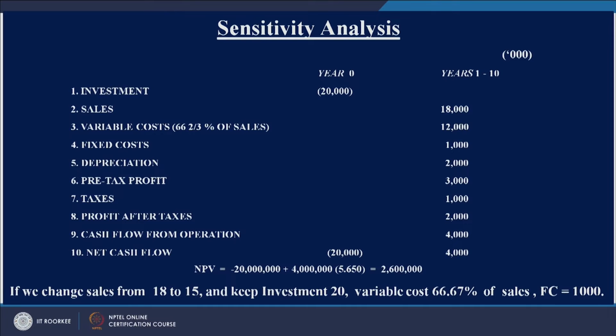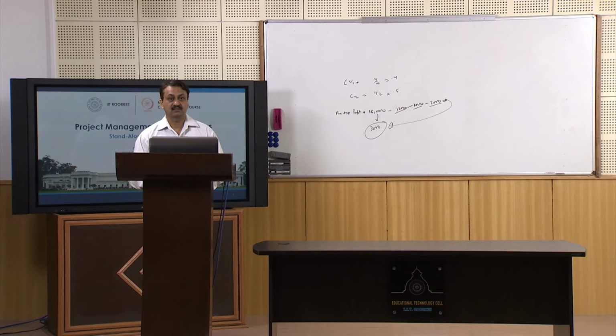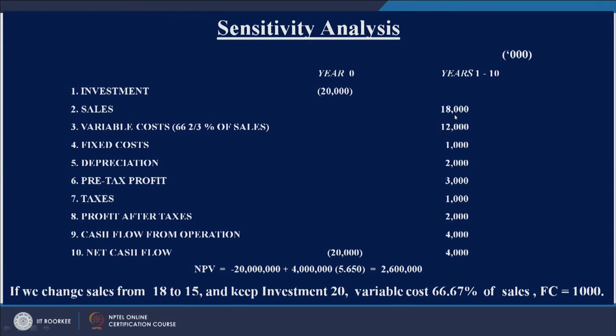So, how will our NPV change, that is the question. So, you just do one thing, instead of 18,000 write here 15,000, right, and then calculate NPV.